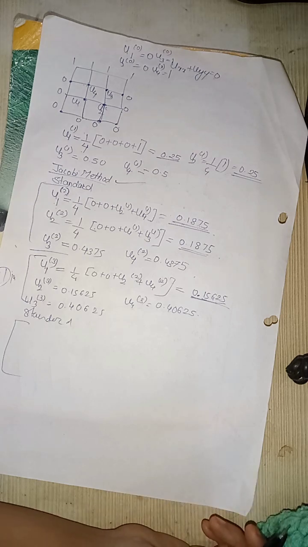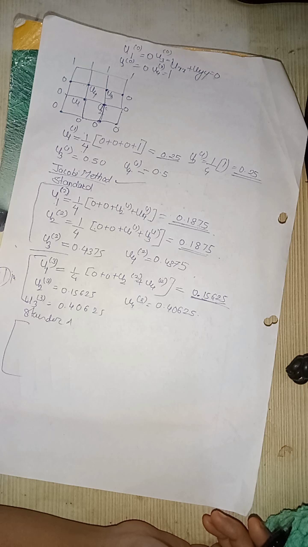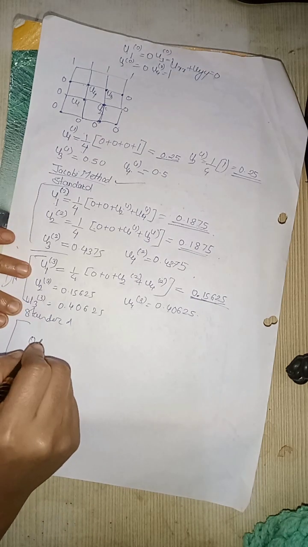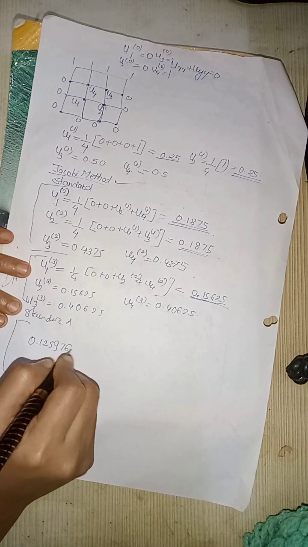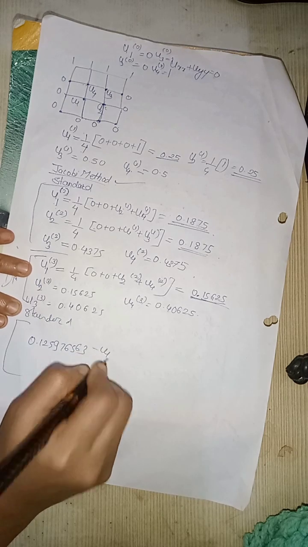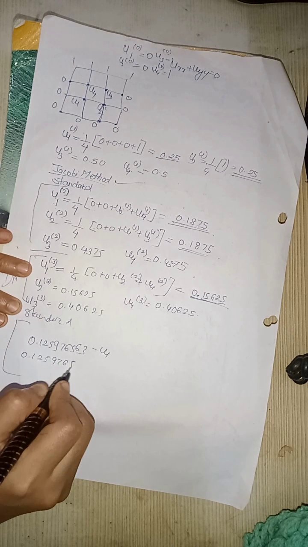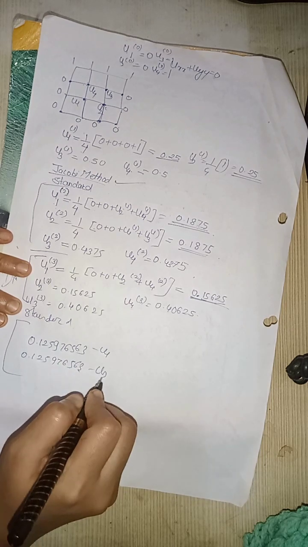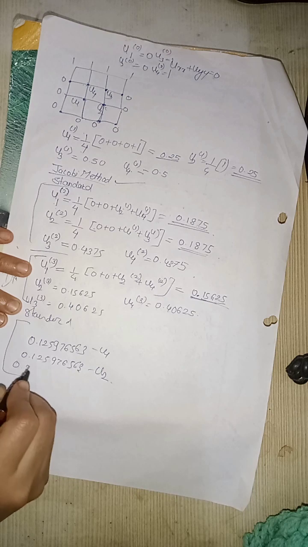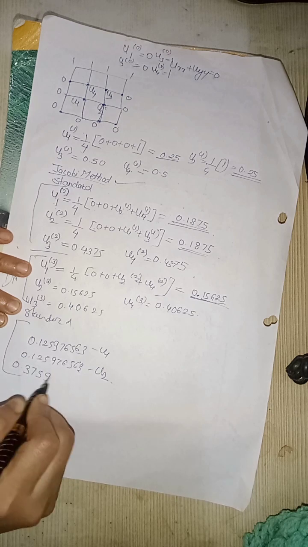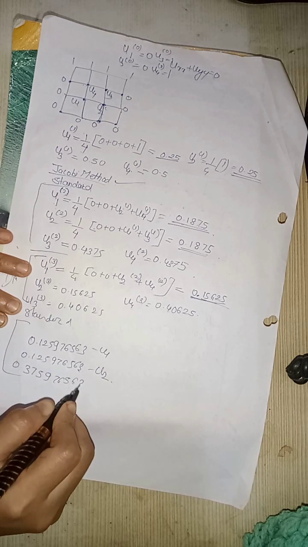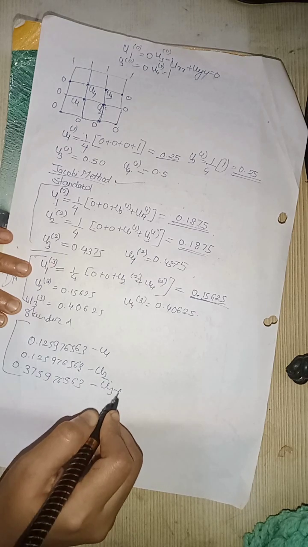First we had considered the initial conditions for u1, u2, u3, u4 as 0, 0 and 1, 1 respectively, and we reached the final answers as 0.125976563 for u1, 0.125976563 for u2, and 0.375976563 for u3 and u4 respectively.